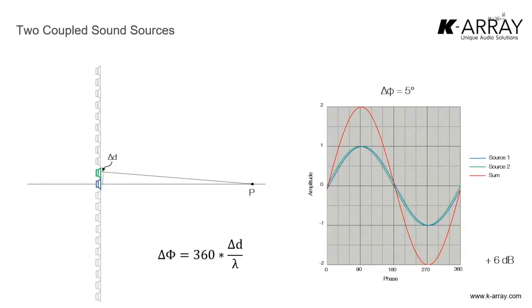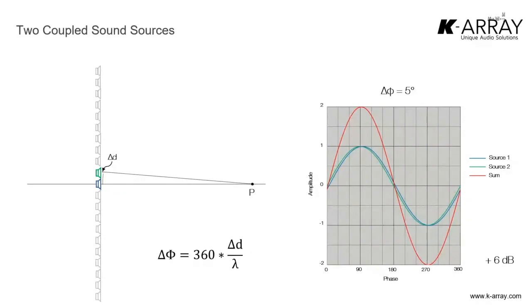So the phase shift is really small on the microphone location, and as a result the two sound waves are almost perfectly in phase, and the result of the interaction is the red wave, which is 6 dB louder than one single wave. Obvious, that's how two closely spaced sound sources interact.